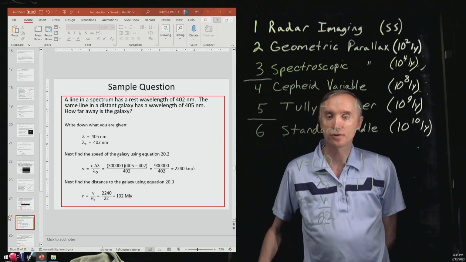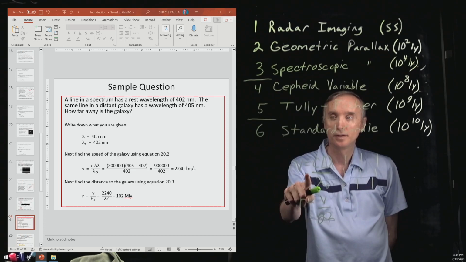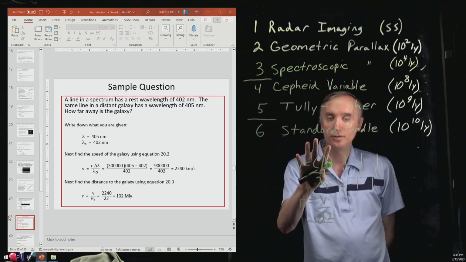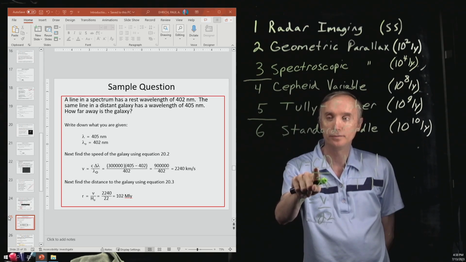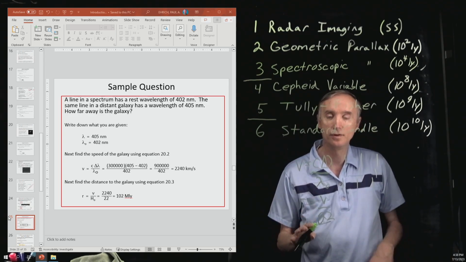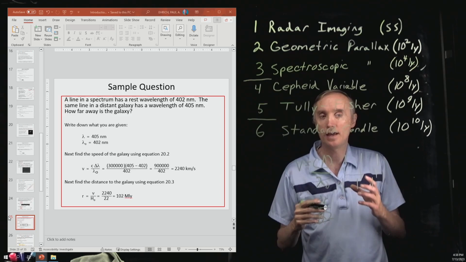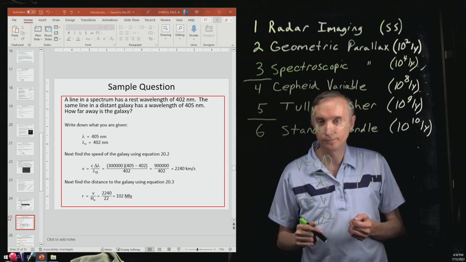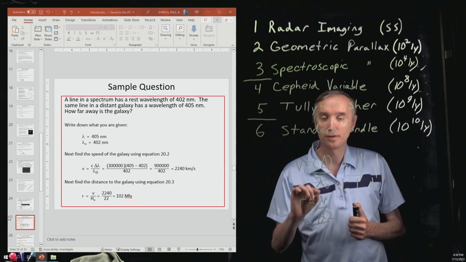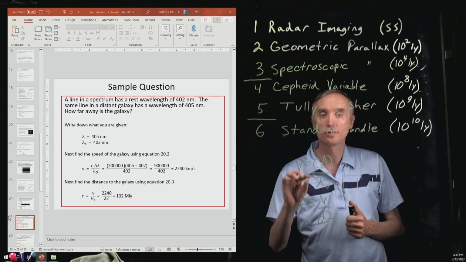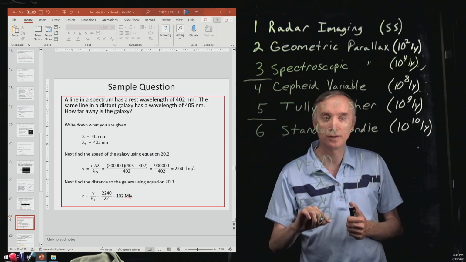First you're going to find your speed. Now this one is kind of unusual. For the speed of light, instead of using 3 times 10 to the 8th meters per second, we're going to use kilometers per second.